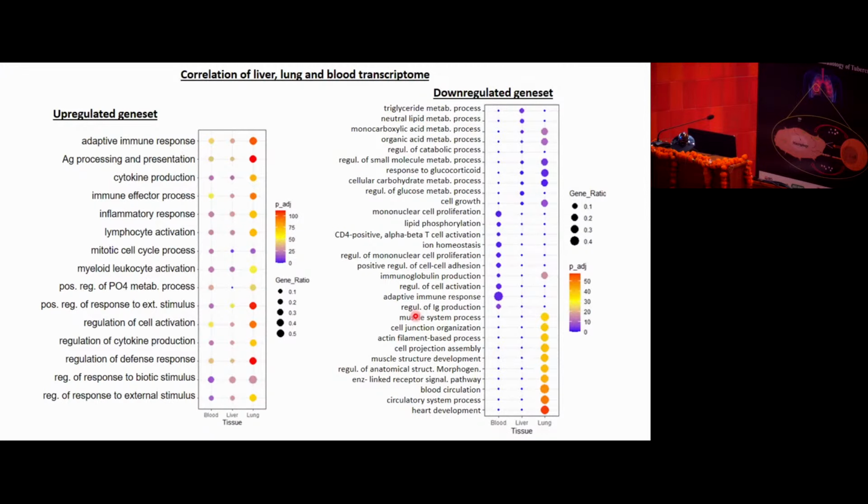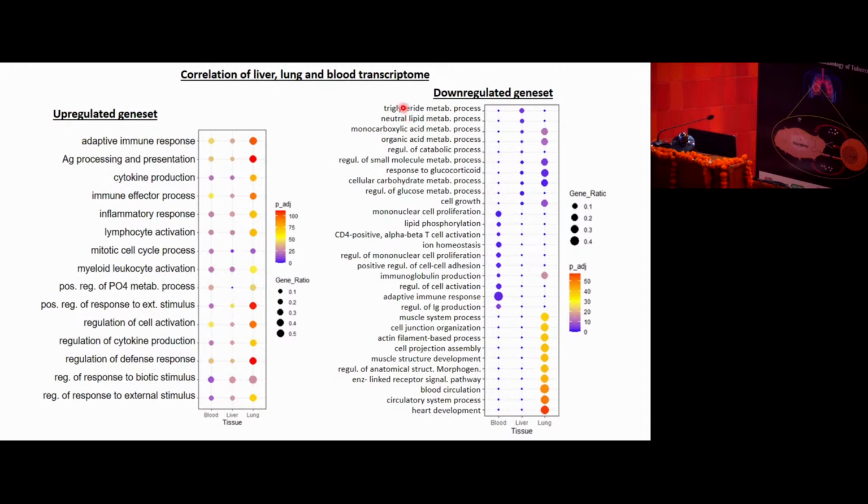So what we wanted to see was how the liver immune profile differs from other organs like the lung or the blood. We used the transcriptome studies that have been done by Anora, and you could see that for the upregulated gene set there is a high correlation in the immune response. But every organ has a specific metabolic function, and they have very unique disruption to their function.